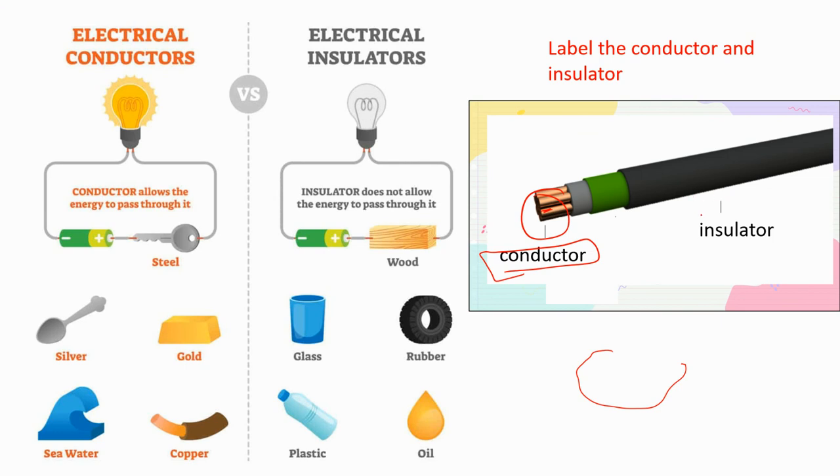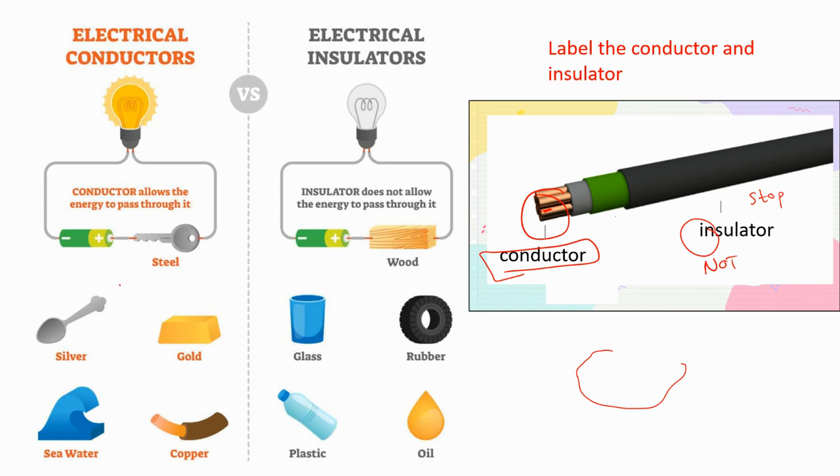So scientists know that some materials allow electric current to move through it, but there are other materials that do not allow electric current to move through. And these are insulators. Insulators do not let the electric current move through. They stop the flow of electric current. So, for this reason, we put them on the outside of a wire.